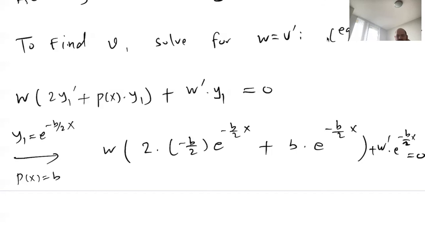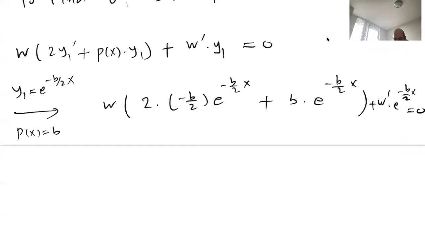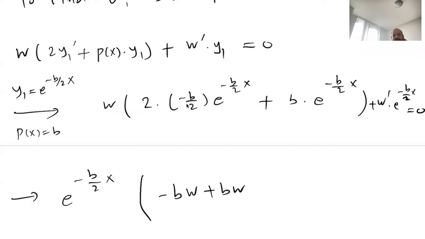So let's factor e to the power minus b over 2x out again as a common factor. Then we get e to the power minus b over 2x times minus bw plus bw plus w prime equals 0.